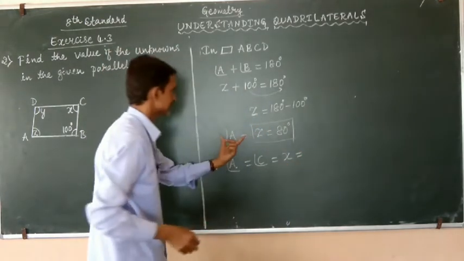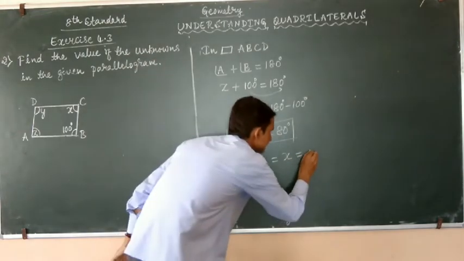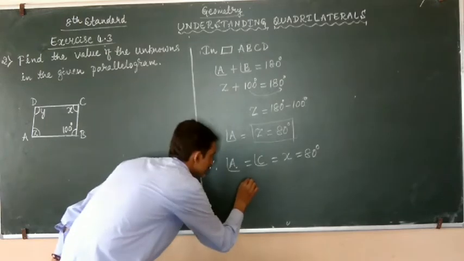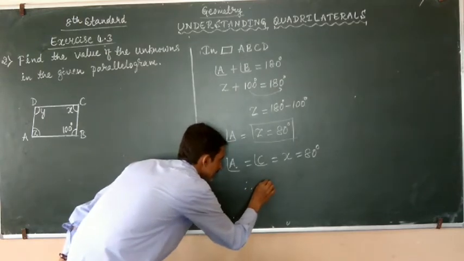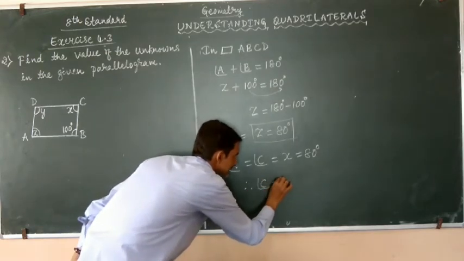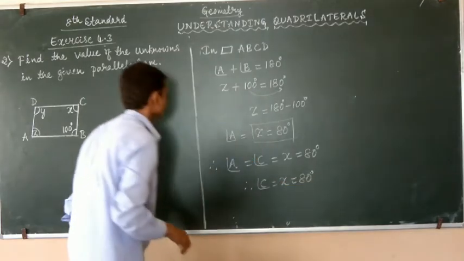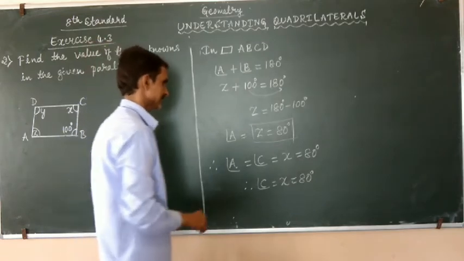So the value of angle A is 80 degree. Therefore, the value of angle C equals X equals 80 degree.